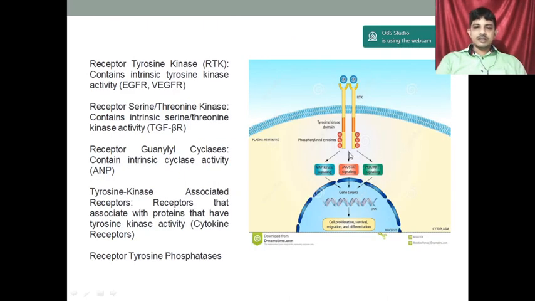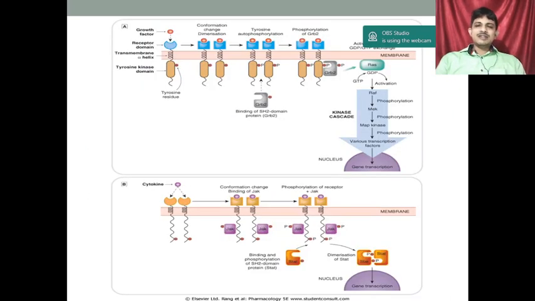There are different types of receptor, or signaling pathway: receptor tyrosine kinase, receptor serine and threonine kinase, receptor guanylyl cyclase, tyrosine kinase associated receptor, and receptor tyrosine phosphatase. Now we'll discuss some of these pathways, not all.